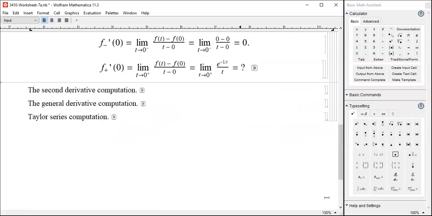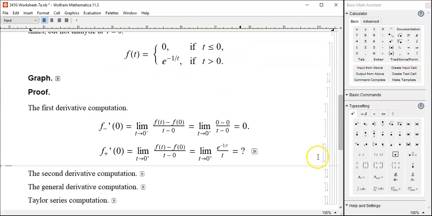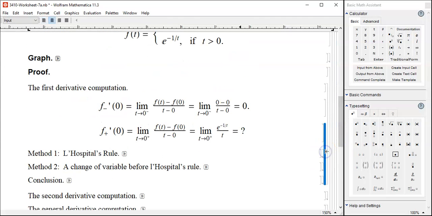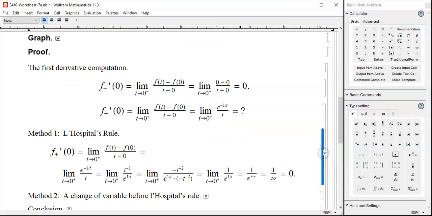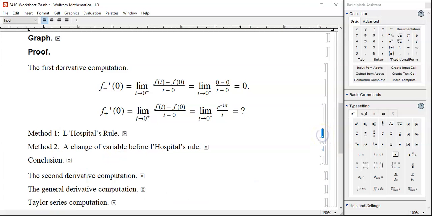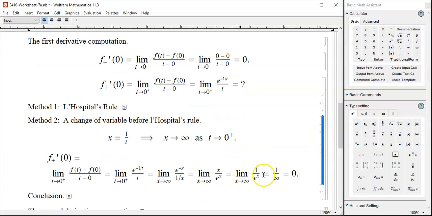Let's erase all these. We don't really need it, because if you just open it up, we have everything already. Using the L'Hopital's rule method, just straight ahead L'Hopital's rule using the power rule, and then the change of variable method, they're all here.